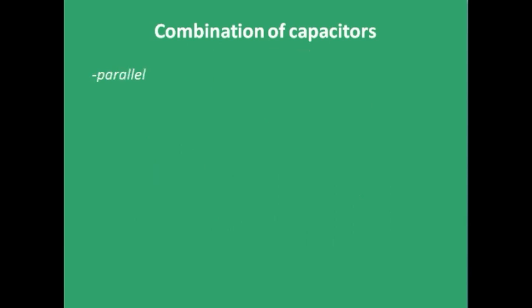When you have parallel connection, say you have two capacitors connected parallelly in this way. Now these are my two endpoints A and B. Let the capacitance of this be C1 and this be C2. Here the charges on each capacitor are also different.